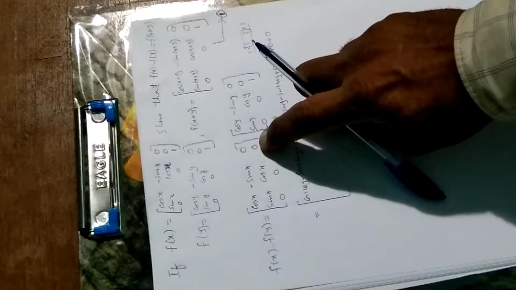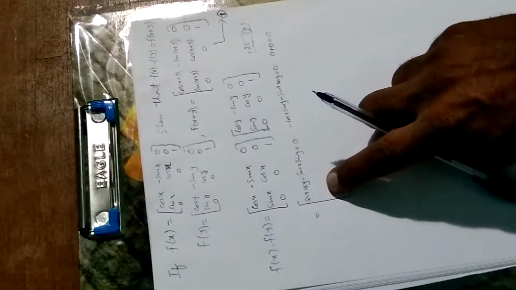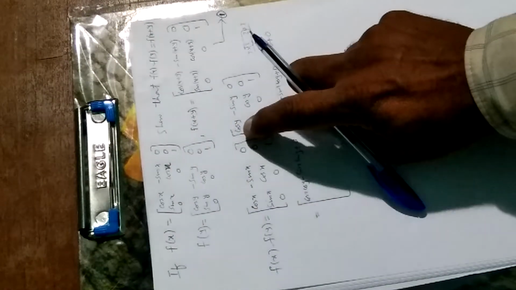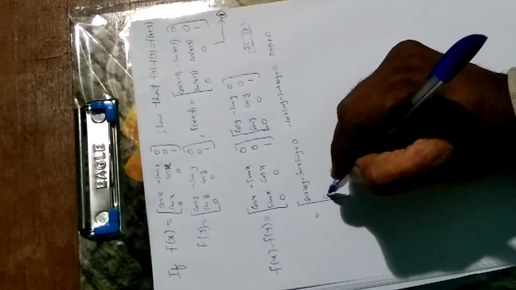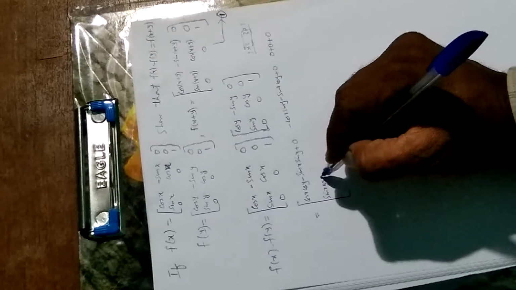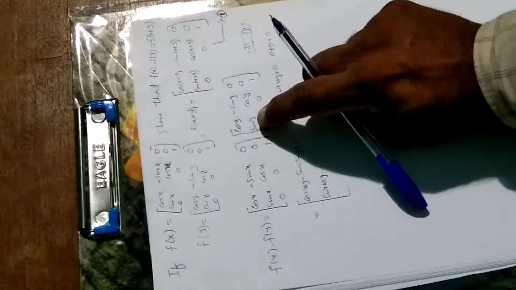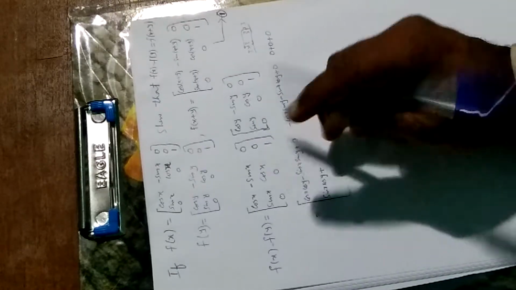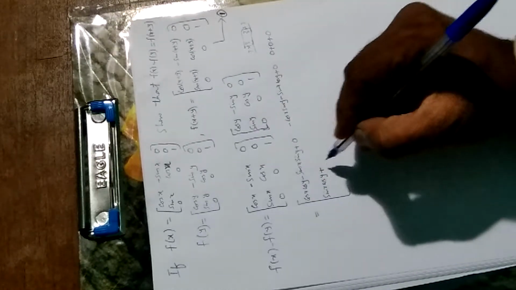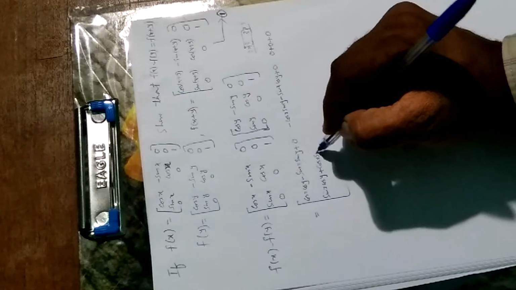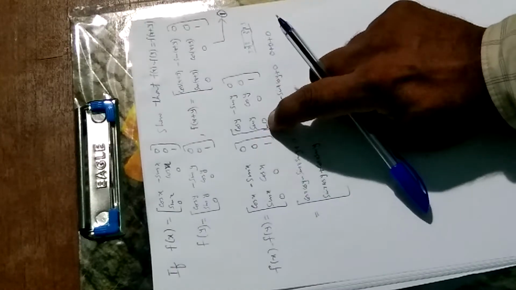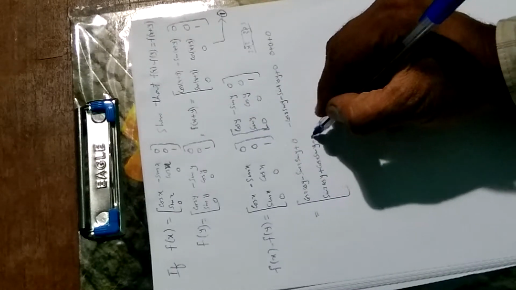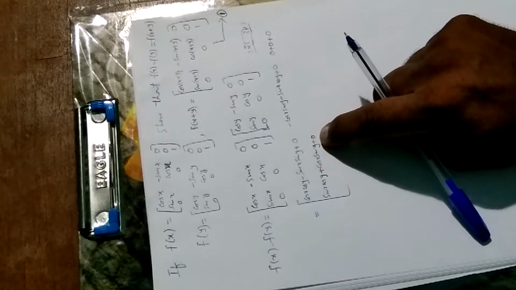Now multiply sin x into cos y is sin x cos y, plus sign you have to take, cos x into sin y is cos x sin y, right? Then 0 into 0 is 0, we have to take plus sign in between, that is important.